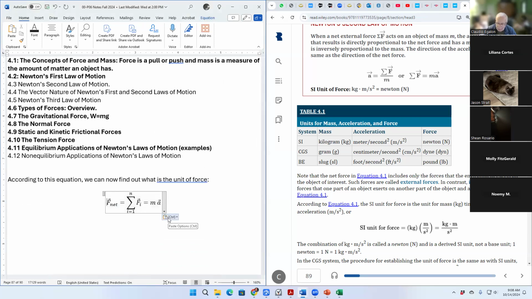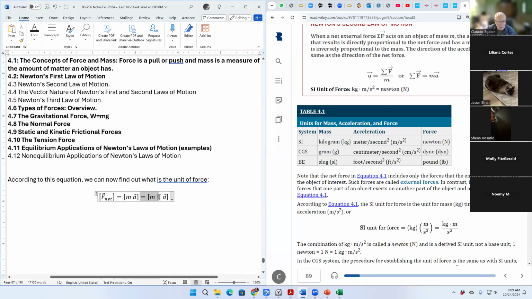And I'm going to put that symbol of unit. Okay, the unit of the net force, or the unit of any force, is equal to the unit of m times a, which can also be stated as the unit of m times the unit of a.